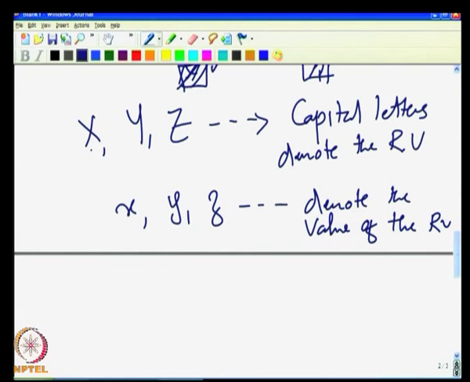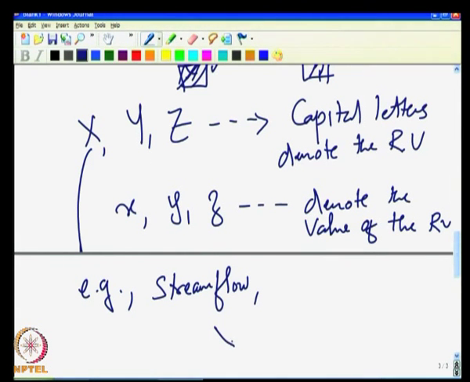For example, X may be stream flow, Y may be rainfall, and Z may be evapotranspiration. Then we can say X is less than or equal to x, that is stream flow is less than or equal to a given value of x. We may write X is less than or equal to 30. So, this small x denotes the value that the random variable takes. So, this is one convention that we use. Just keep this in mind when we are covering the probability models.